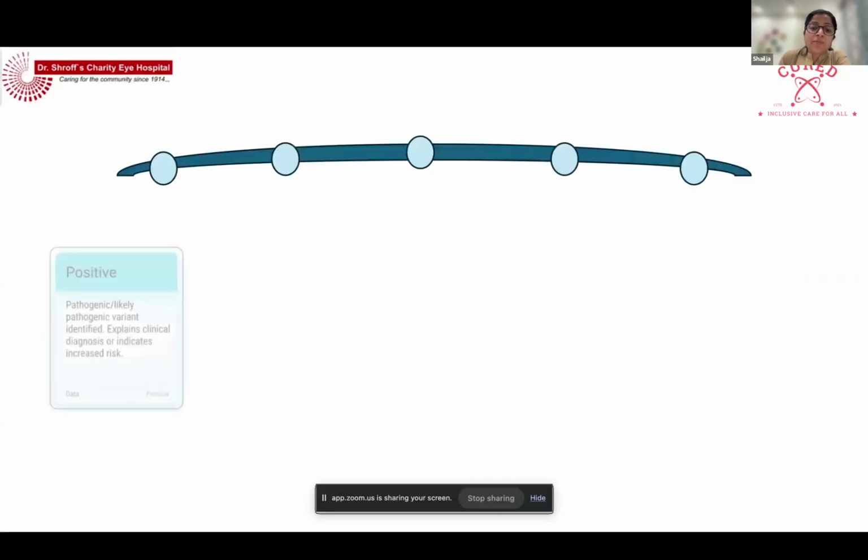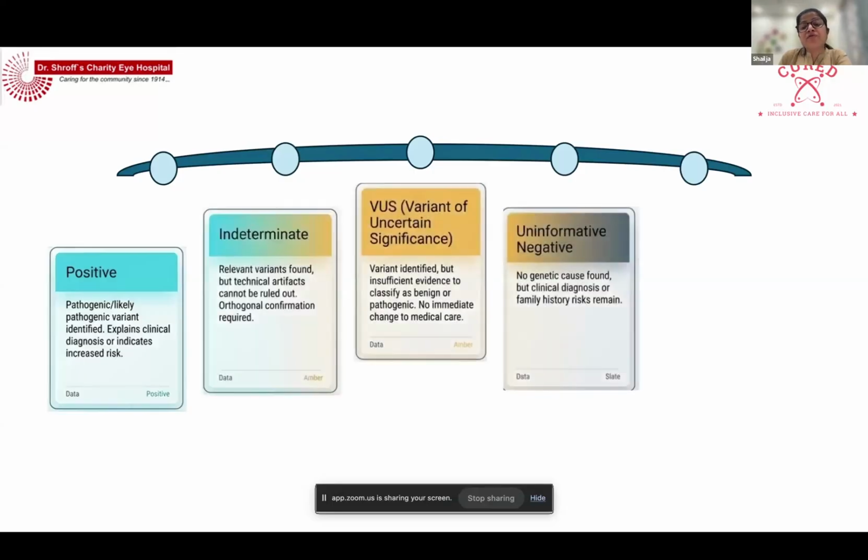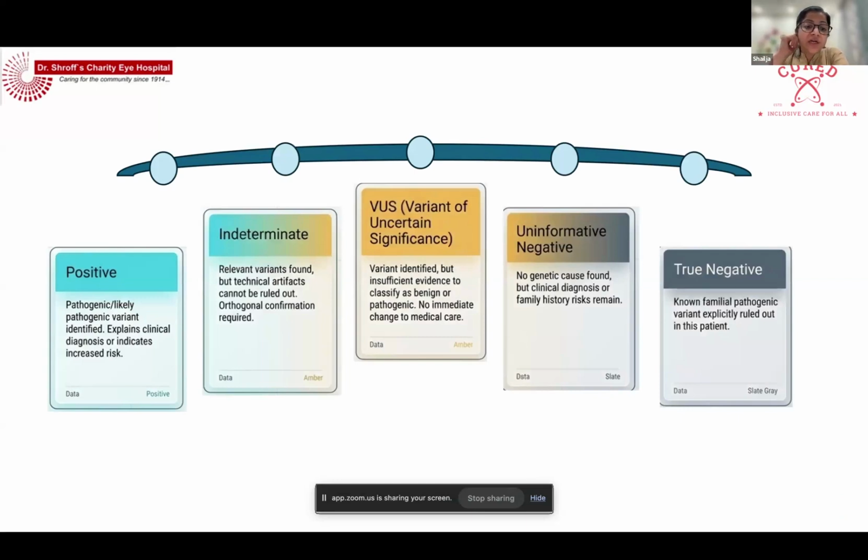Now, before I tell you what we did in this case and how we answered the question, I just want you to look at the types of reports that can come out of a genetic test. The clear-cut ones are the positive ones, which are pathogenic or likely pathogenic as per the ACMG criteria. There could sometimes be indeterminate variants. That means you have variants, but there could be a technical artifact.